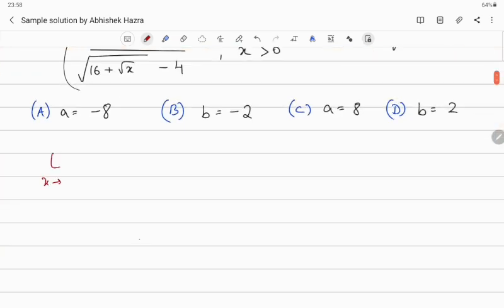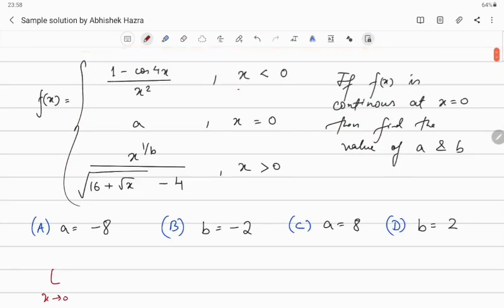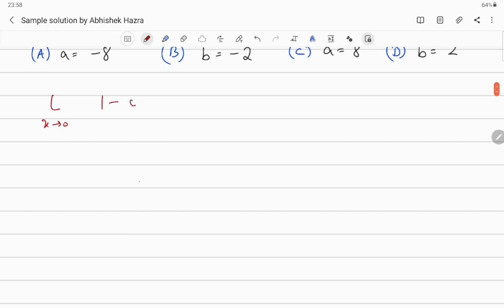Limit x tending to 0, (1 minus cos 4x) by x square. Now we have one formula, cos 2x is equal to 1 minus 2 sin square x. Now if I write this 2 sin square x on this side, this will become 1 minus cos 2x.